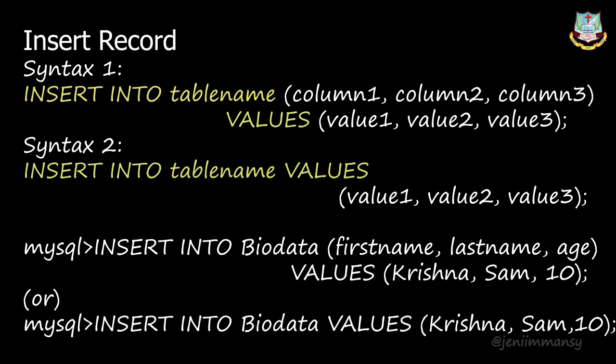Values, and in the bracket we give Jenny, and then the age, and then the profession. Likewise, we give the values inside the next bracket. Understood? See this example, then you will understand.